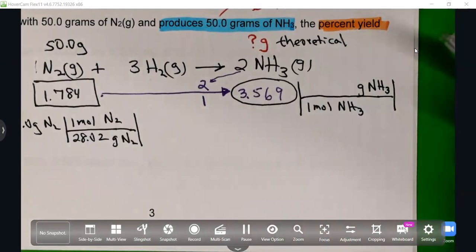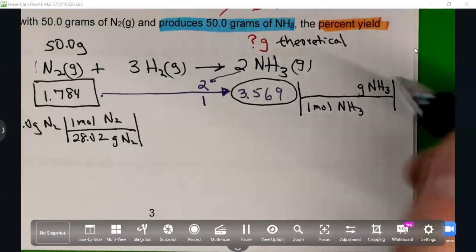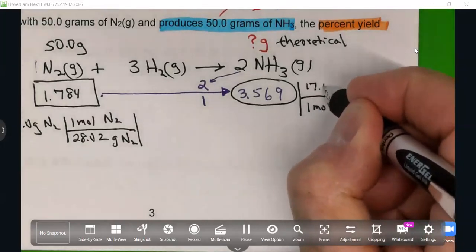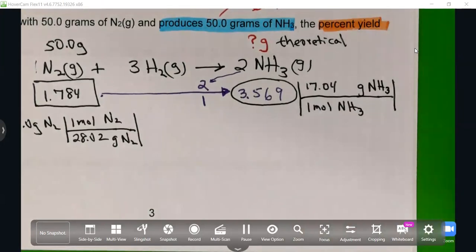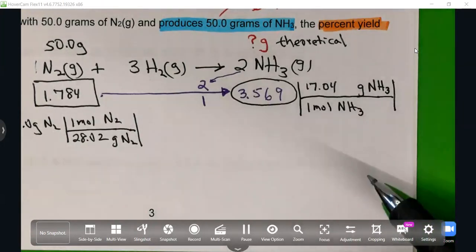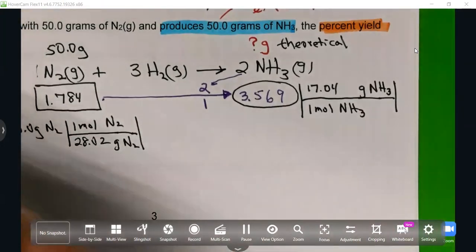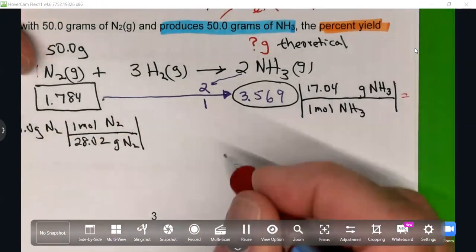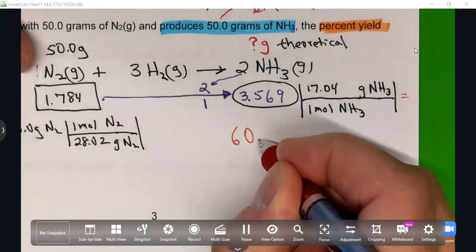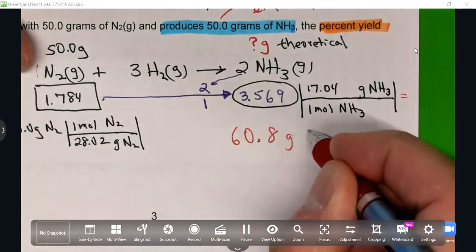So 1 nitrogen and 3 hydrogens, 17.04. So theoretically, we should have gotten 60.8 grams.